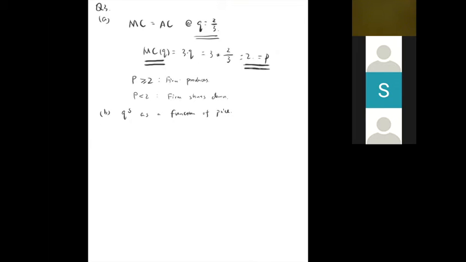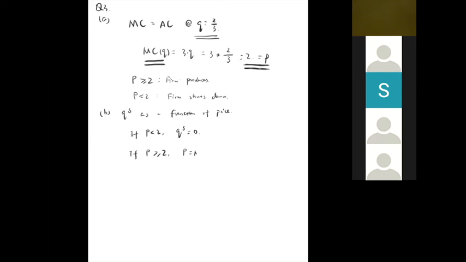We already know that if P is smaller than 2, firms choose not to produce. So for each firm, the production is 0. But if P is greater or equal to 2, we know that firms will produce such that price equals marginal cost, because price is the marginal revenue. The marginal revenue should equal marginal cost. And we already know that the marginal cost equals 3Q if it produces.